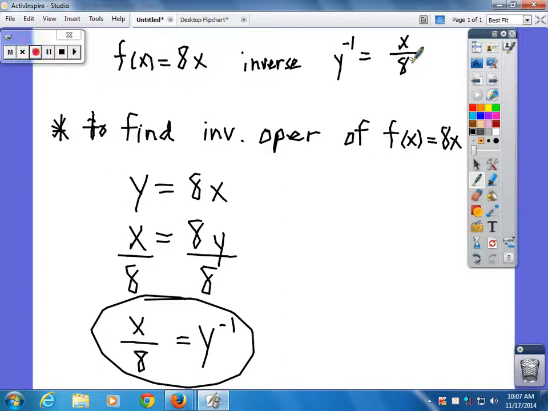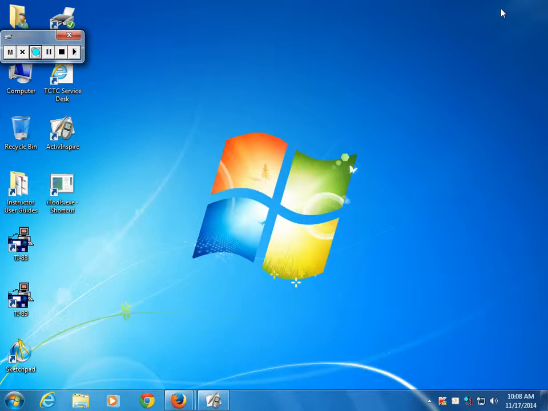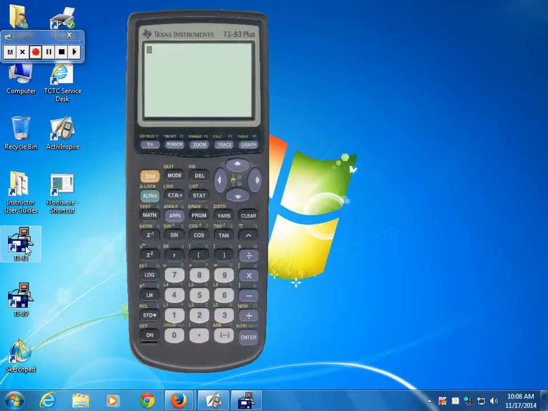Now, every one of you, I want you to get your graphing calculators out, and I want you to graph f of x is equal to 8x, and then graph x over 8, or 1/8 x. We're going to take our handy-dandy calculator and graph y is equal to 8x.